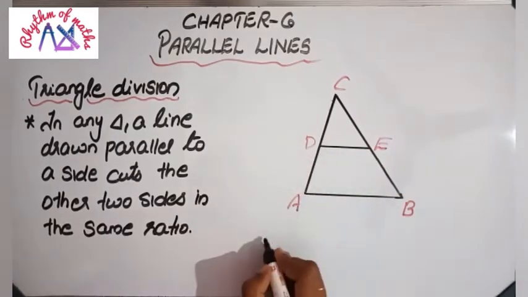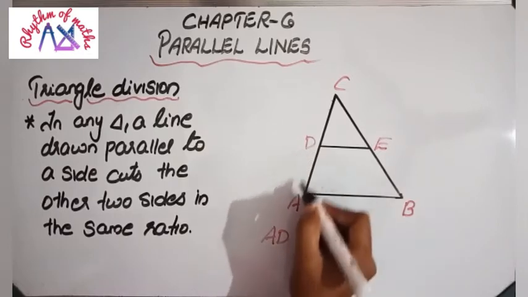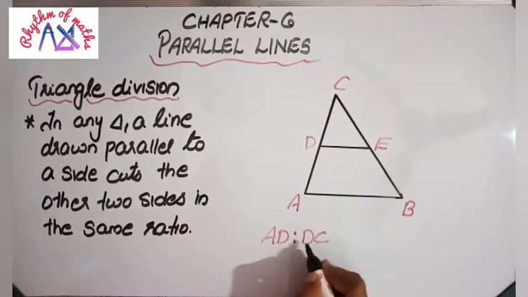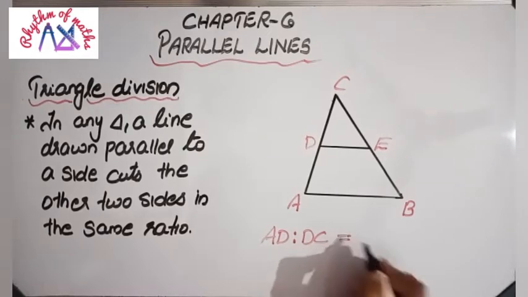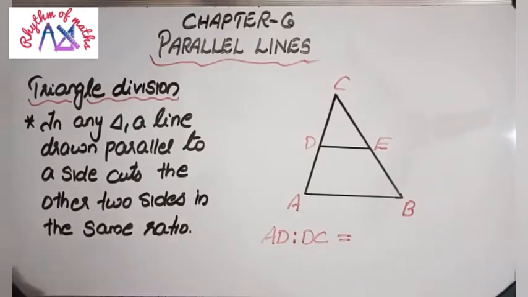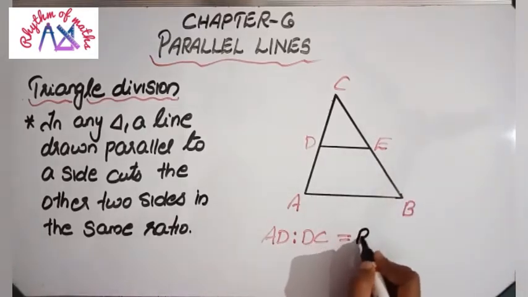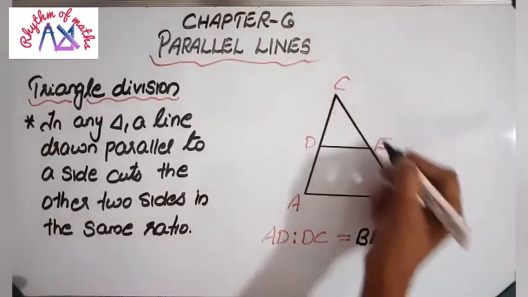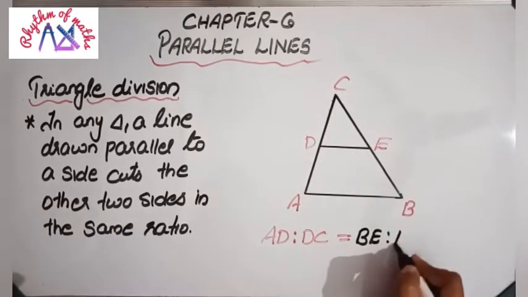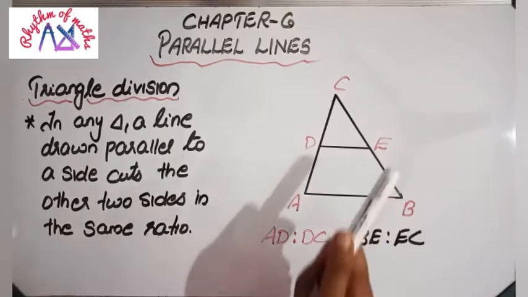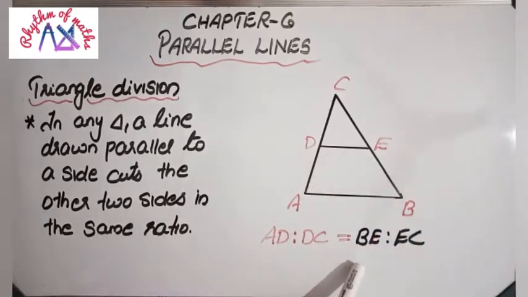That means here AD is to DC will be equal to, the next part, BE is to EC or CE. Okay, this is the concept. Not measurements equal, only ratios will be equal. The parts will be in the same ratio. This is the first concept.